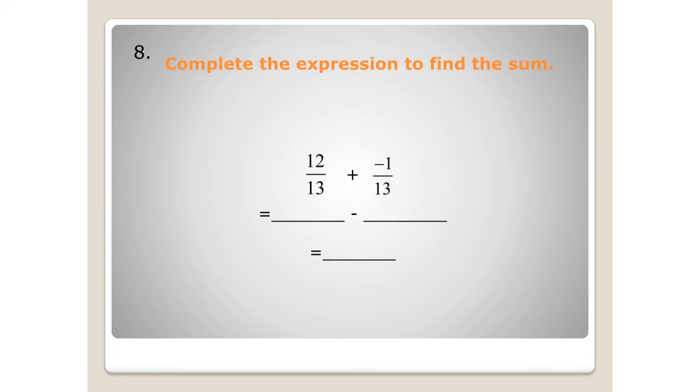This problem, if you look, turns into a subtraction problem because I have a positive plus a negative. So we can rewrite this one as 12/13 minus 1/13. Keeping that common denominator, subtract your numerators. 12 minus 1, and our answer is 11/13.